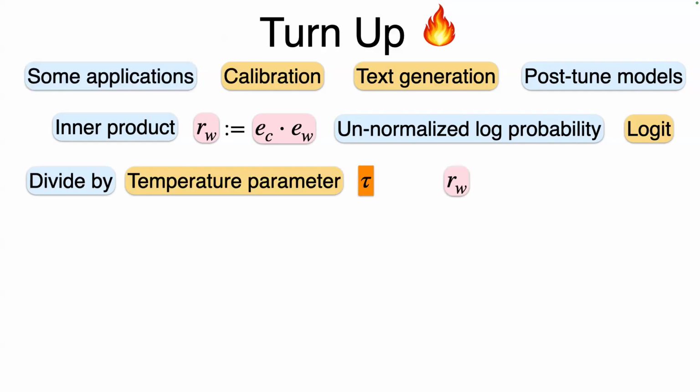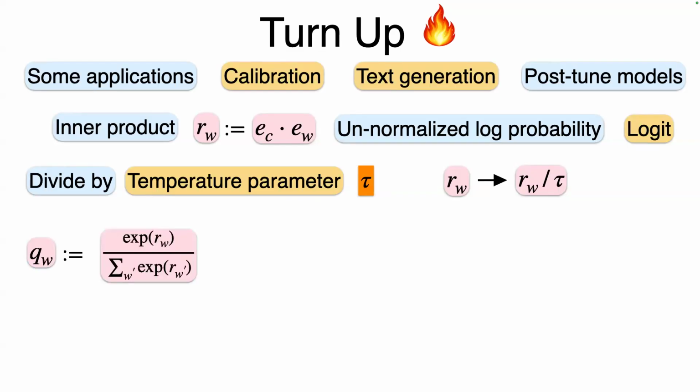So instead of using RW in the exponentiation, they use RW divided by tau. Now the estimated probability is the exponent of RW over tau, divided by the sum, just normalized.